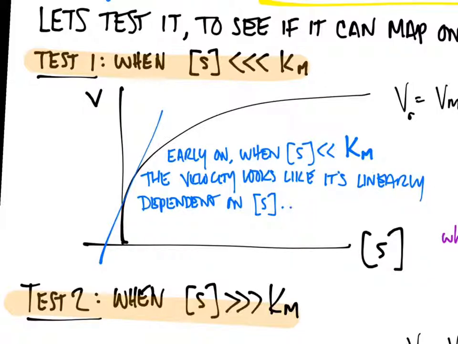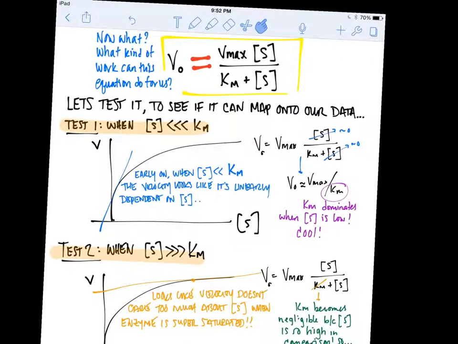So when S is really small, we're looking at this area down here, right? See, here's S, where it's really small. Now, back here it looks kind of linear, right? So this line, this derivative is linear. So in other words, let's go back to this equation, right?